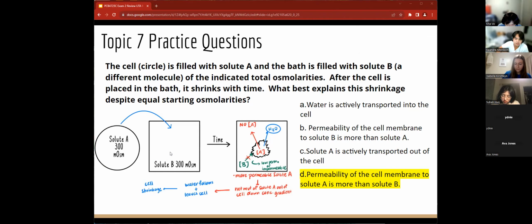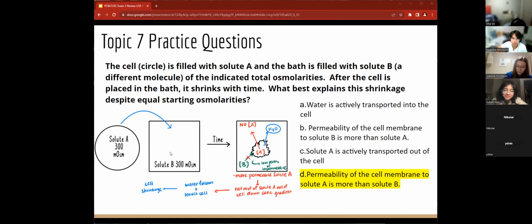Okay, so essentially active transport, as I mentioned, is not going to be actively transporting A outside of the cell, because it's moving from high to low concentration. So it's going down its concentration gradient. Well, for this case, which is asking what best explains why, you're not wrong.